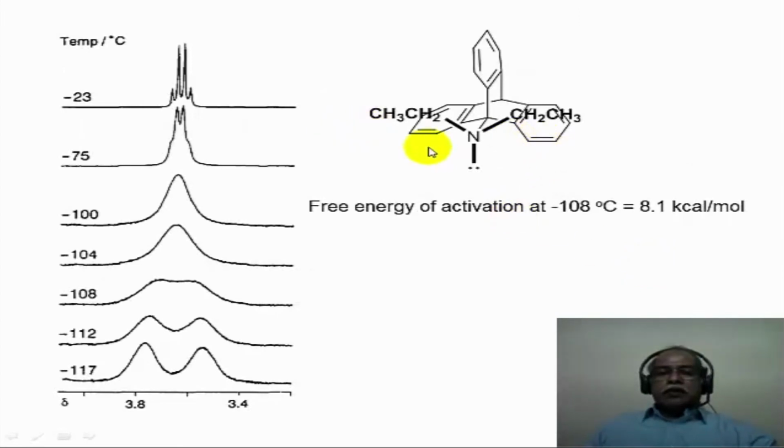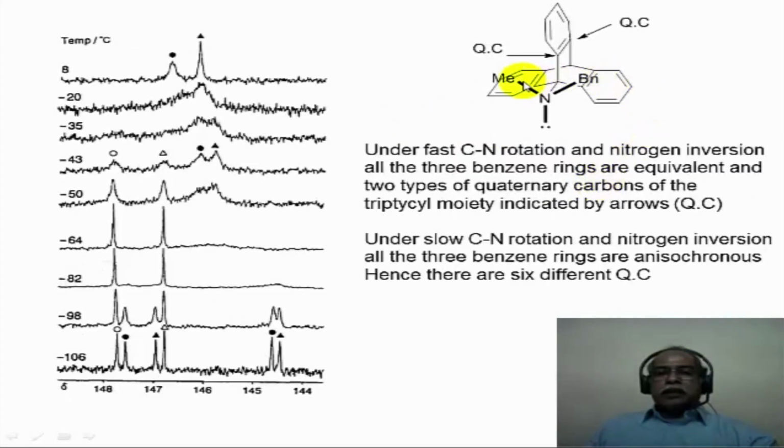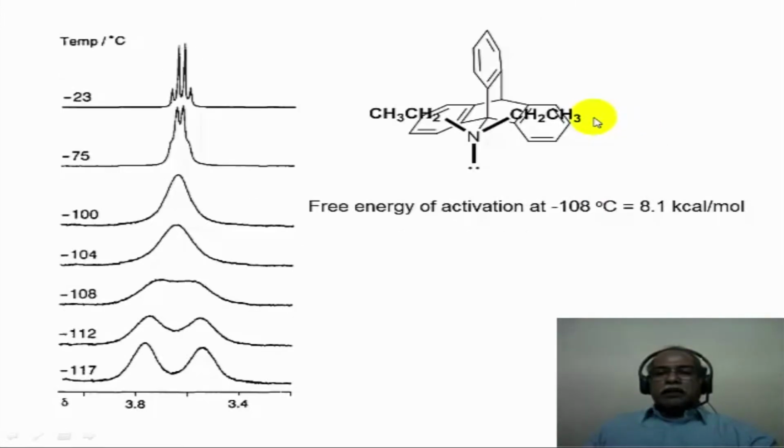When the chirality is removed by putting 2 identical groups on the nitrogen, this is an N-diethyl group, whereas the previous example is an N-methyl N-benzyl group, and that is what makes that molecule chiral. The chirality is removed now, so the 2 hydrogens on the methylene group appear as a simple quartet in this case.